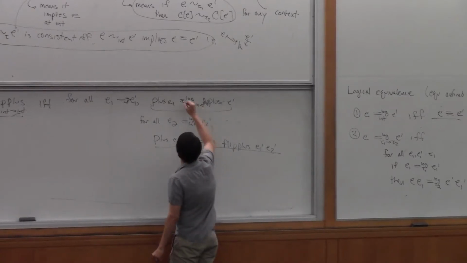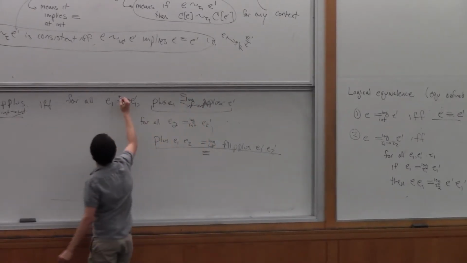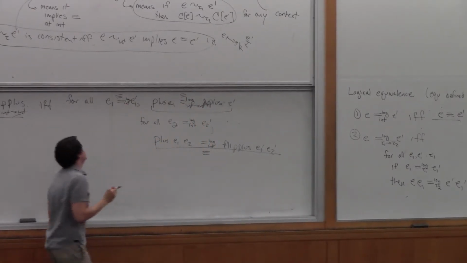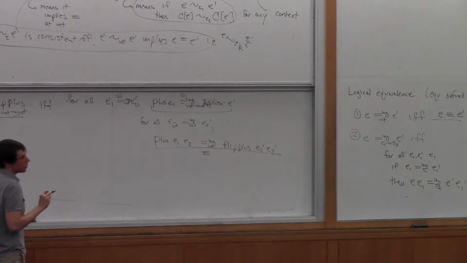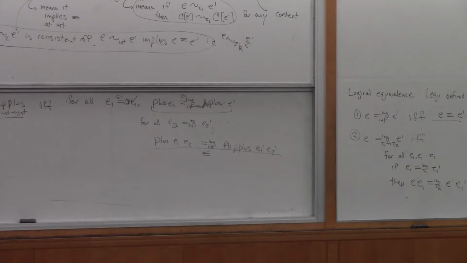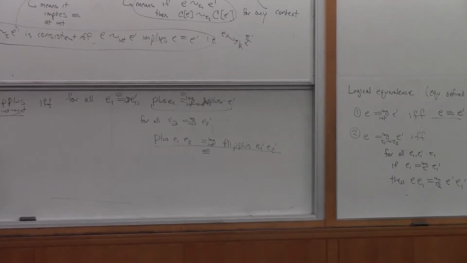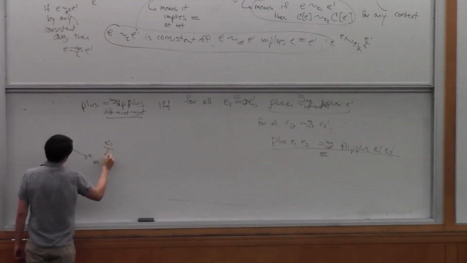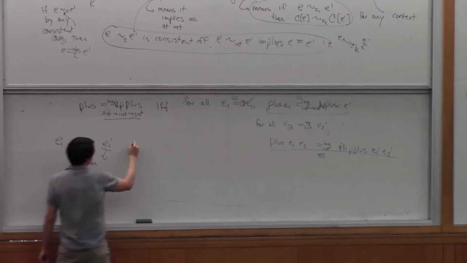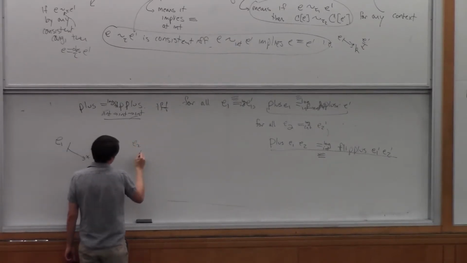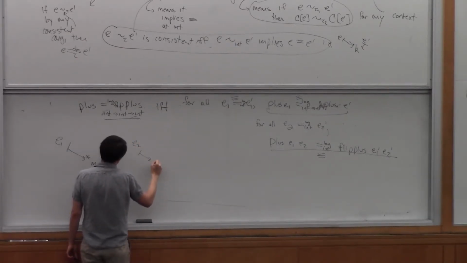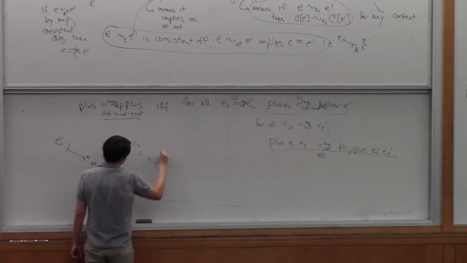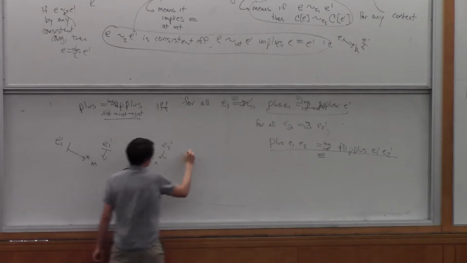So those mean that they run to the same thing. So what we have overall is this picture: E1 and E1 prime run to the same number, and E2 and E2 prime run to the same number.